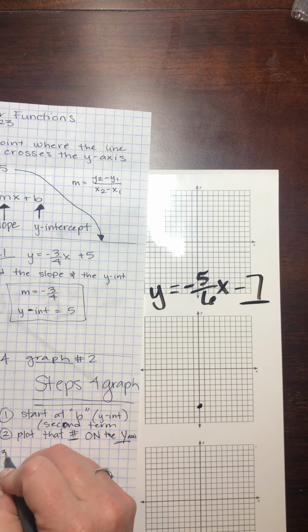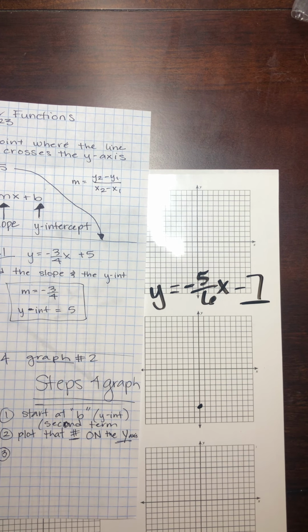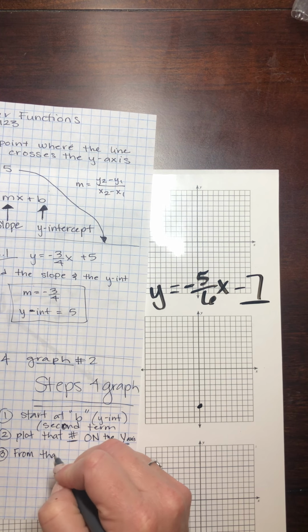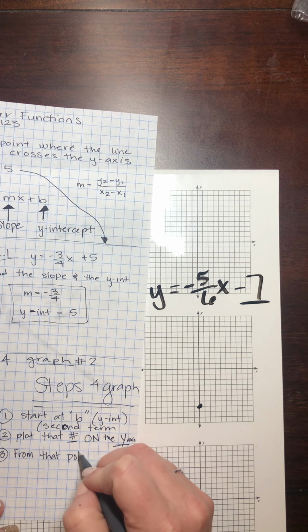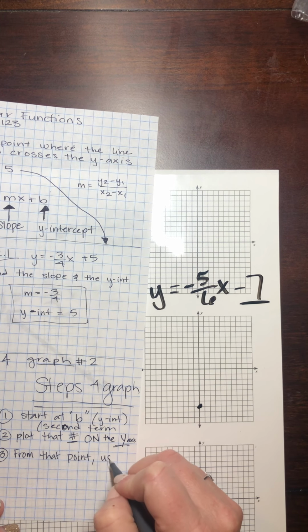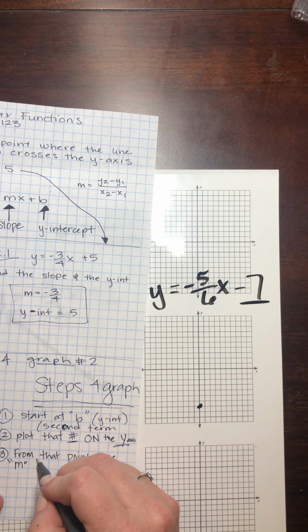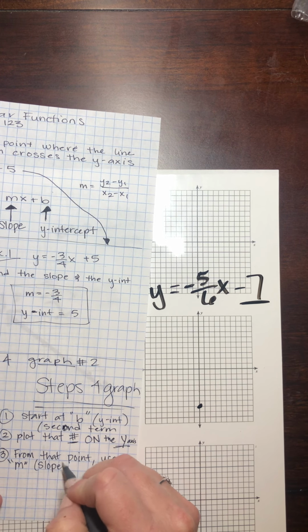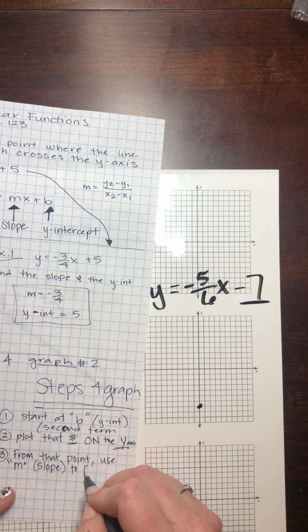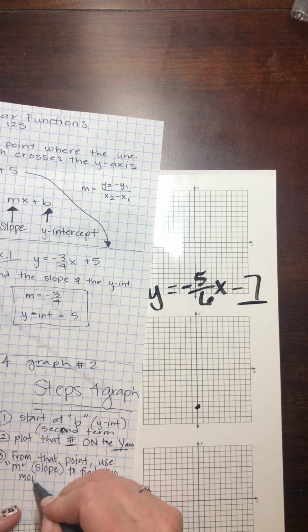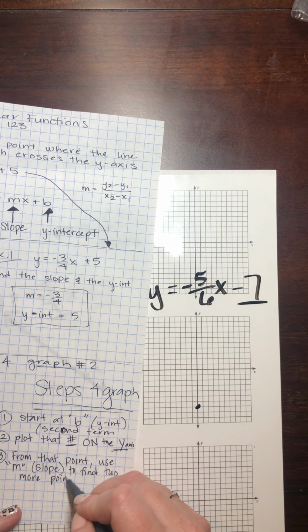Okay, so from there, from that point, use M, which is the slope, to find 2 more points.